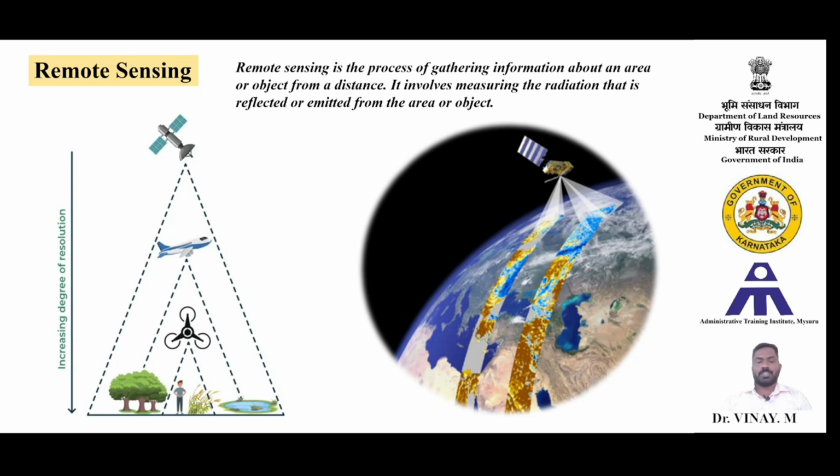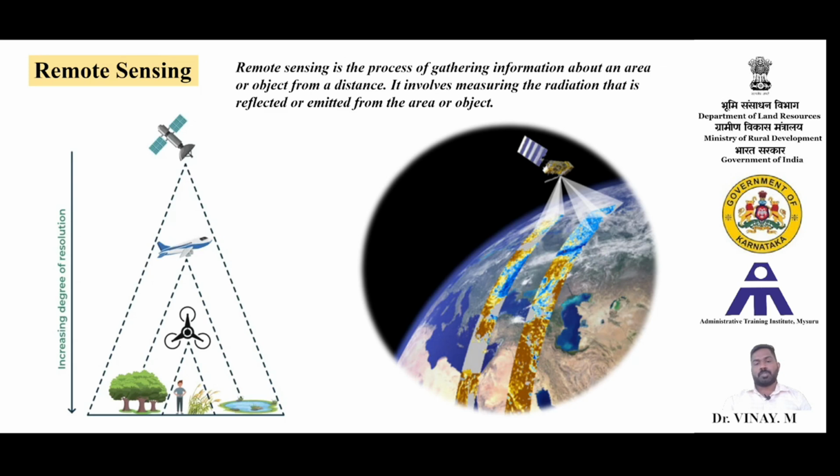So we classify this remote sensing technology according to the height of data acquisition, whether it is ground based, air based or space based. Ground based means you have a handheld instrument to collect information about a particular object.